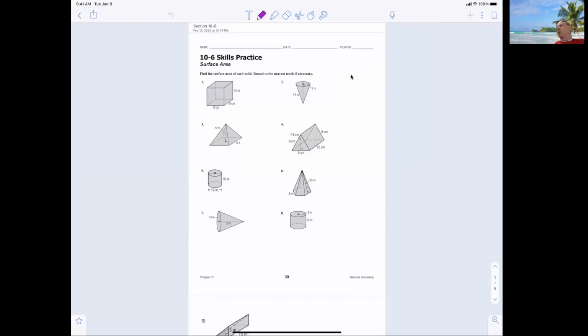We are going to talk about surface area of a prism and surface area of pyramids. I want to demonstrate how simple it is, because there are really only 2 formulas for all shapes.